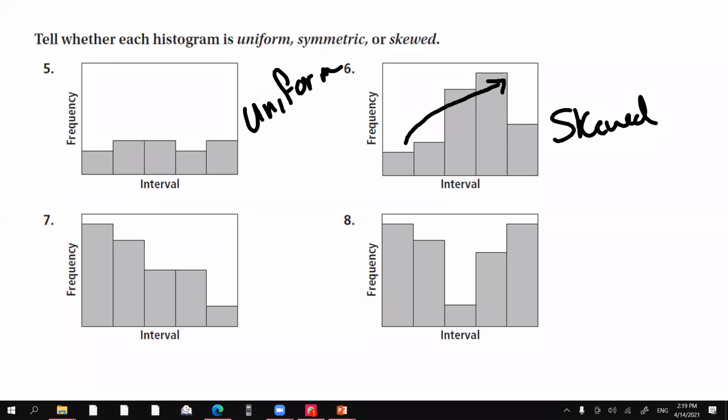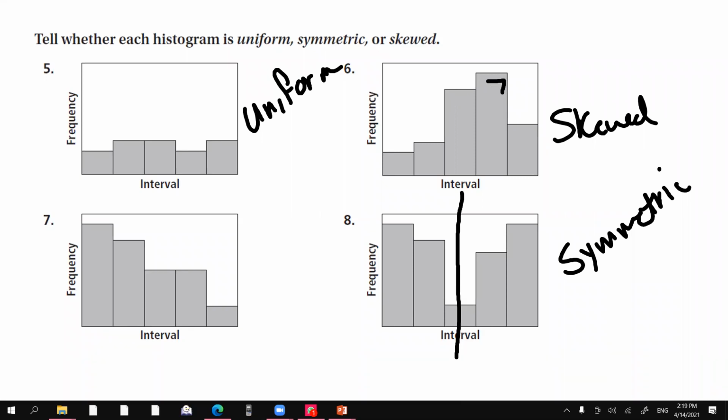It's not symmetric. Symmetric means like this: if I cut it into two equal halves, I will see that this part is the same as this part. If they are the same, I will say that number 8 is symmetric. So how will I know? I will draw a line in the middle, like this.